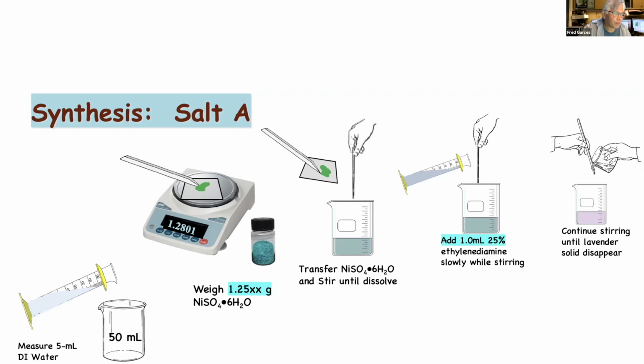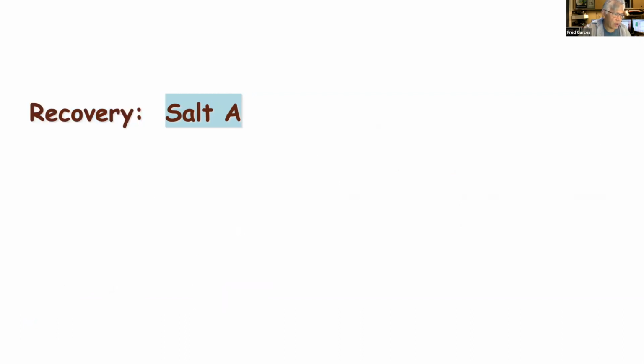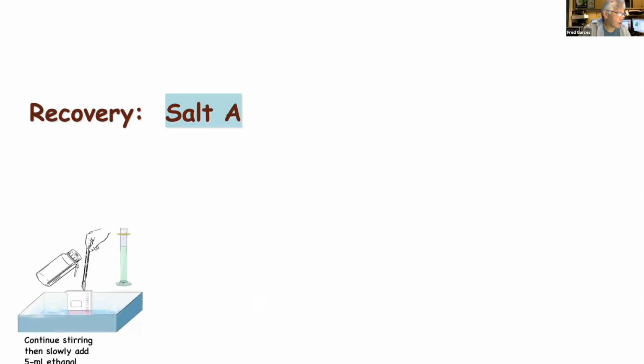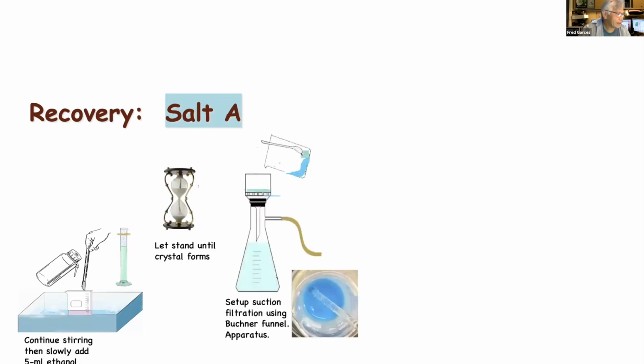And then what we do is we continue to stir, and what will happen is that we put it in an ice bath and crystal starts to form. Okay, we wait, and then when the crystal forms, we do a vacuum filtration where we hook up our Erlenmeyer flask with a sidearm to the vacuum.